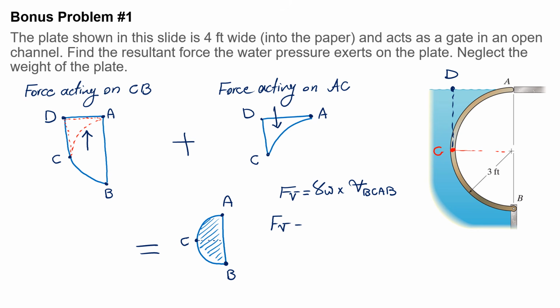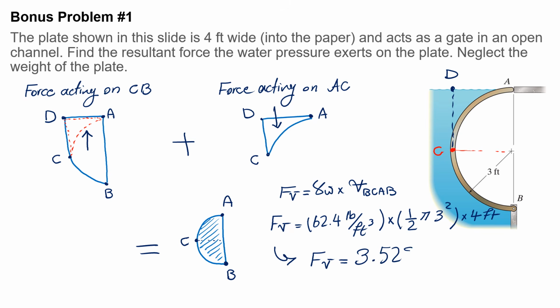So the vertical force would be equal to 62.4, because it is in the US customary units, and then times the area of the semicircular region, which would be half of the area of the circle, times the width of the plate, which is 4 feet, and as a result of that, the amount of vertical force is equal to 3.529 kilopounds force, or kip.